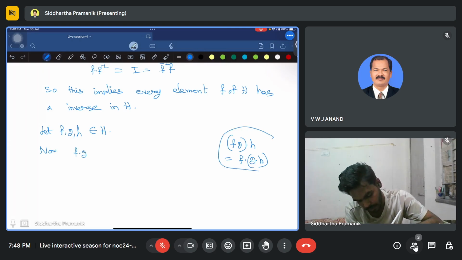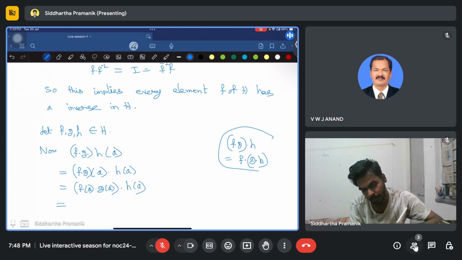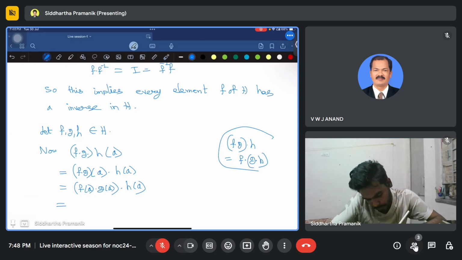So f times g, times h, evaluated at a, is the same as f times g evaluated at a, times h of a. This is by definition f of a times g of a times h of a. Now we are in the group G because all these three elements f of a, g of a, h of a are elements of G. So we can use the associativity of G. So we can write f of a times g of a times h of a.